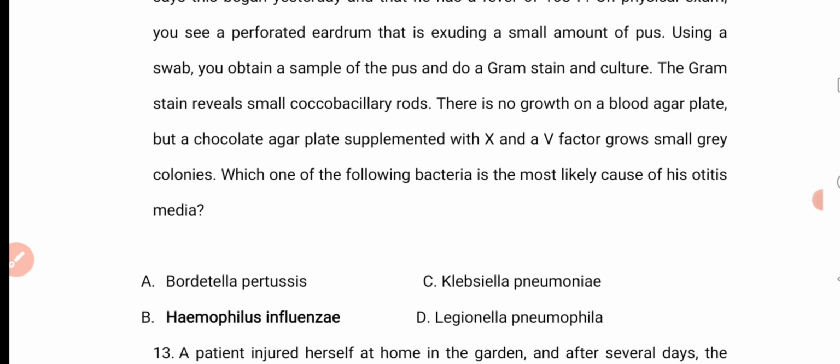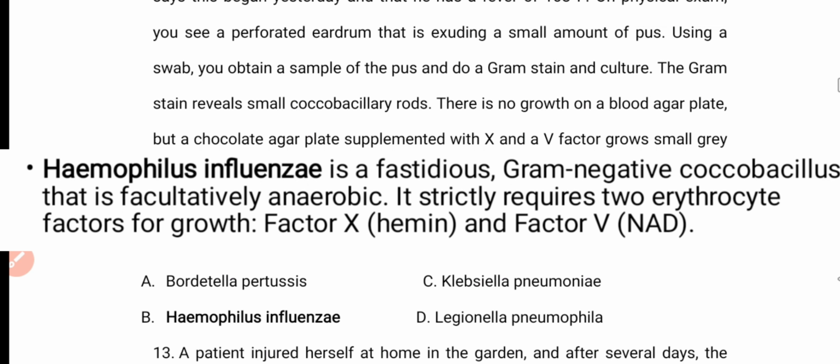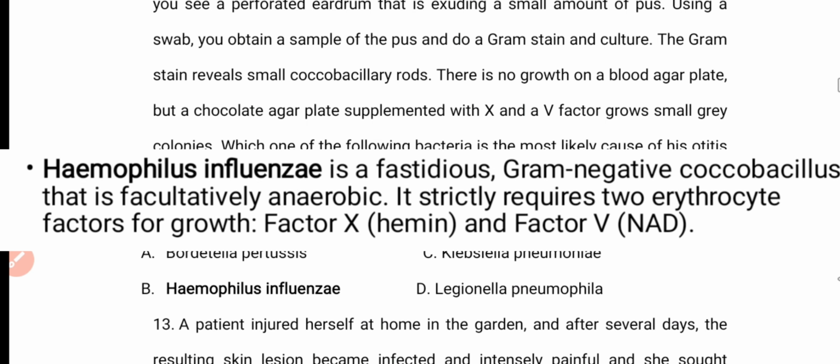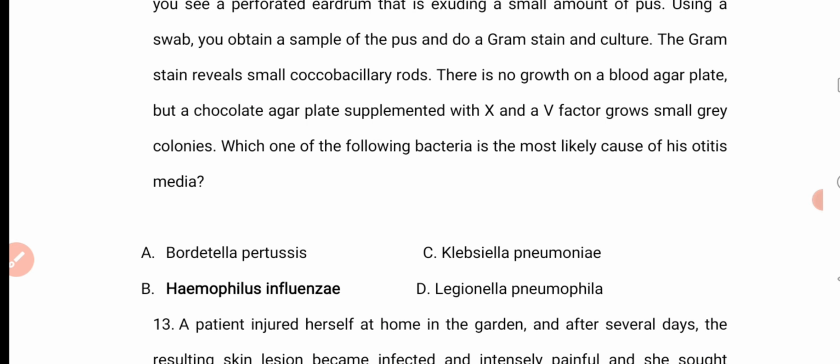So this kind of bacteria is Haemophilus influenzae, because it's a fastidious gram-negative coccobacillus, facultative anaerobic, and requires 2 erythrocyte factors for growth. It's very fastidious, and they are NAD and hemin. These are the coenzymes needed by Haemophilus influenzae to grow.